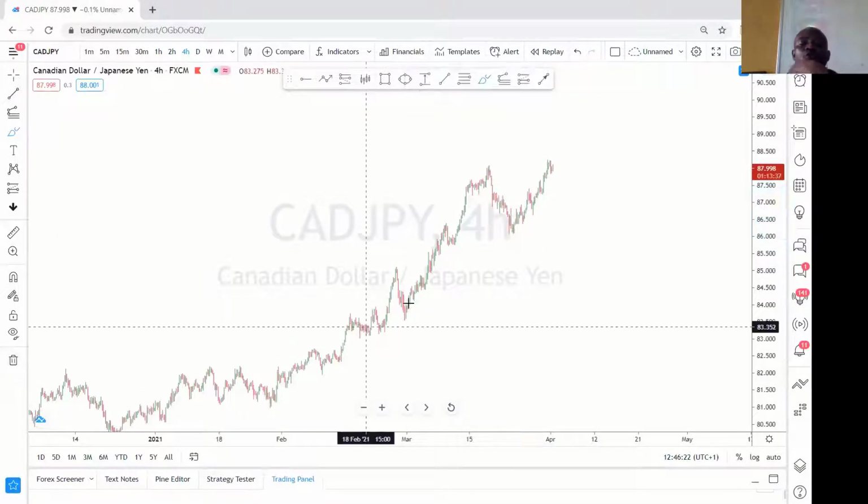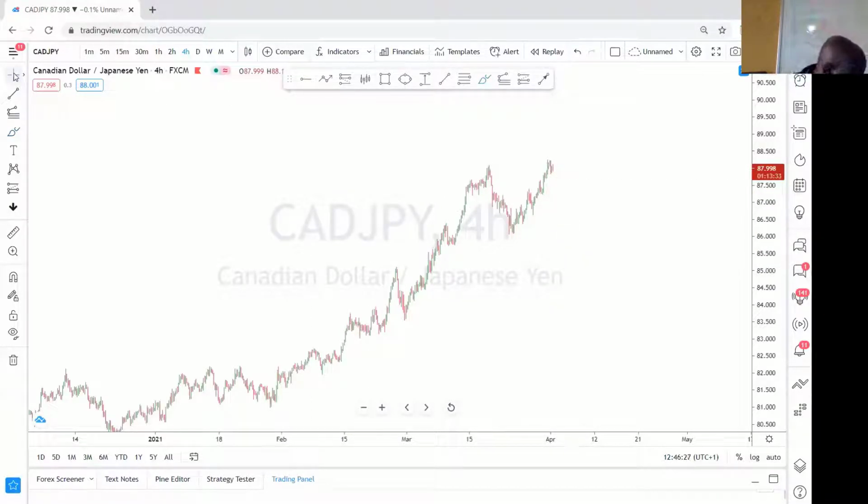So what do we need to see now in order to get involved? When you see a structure like this, you approach the setup based on the expectation of the next pattern.